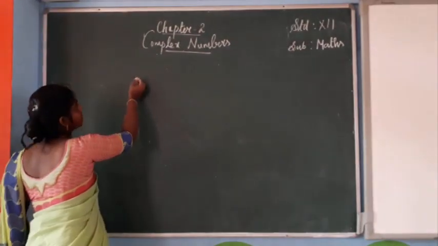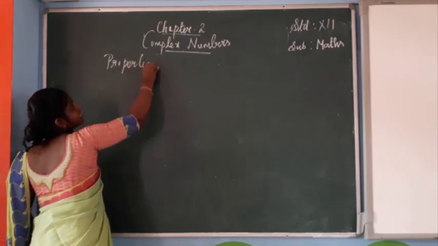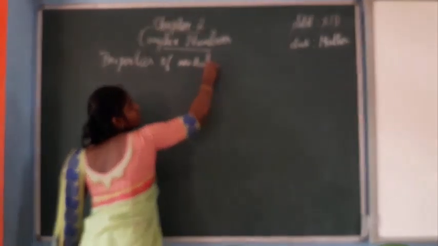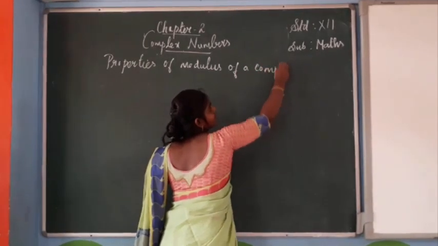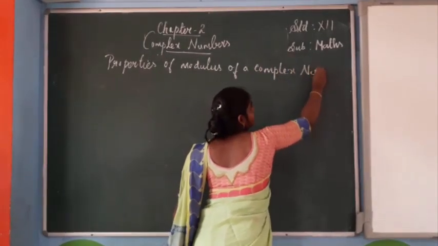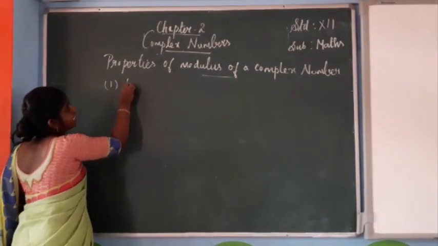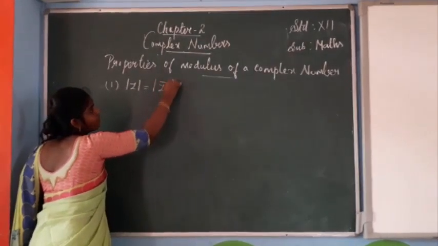Let us see the properties of modulus of a complex number. So first one, modulus z is equal to modulus z bar.